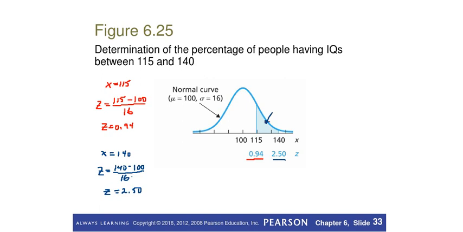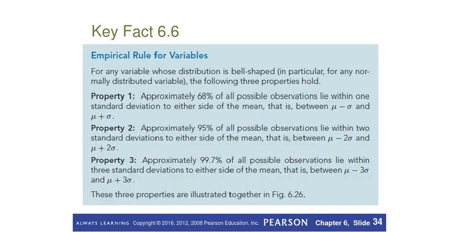So we would get our probability for our larger z value, and subtract our probability for our smaller z value, and that gives us that area right here. All right, so let's go back to that here in a bit.